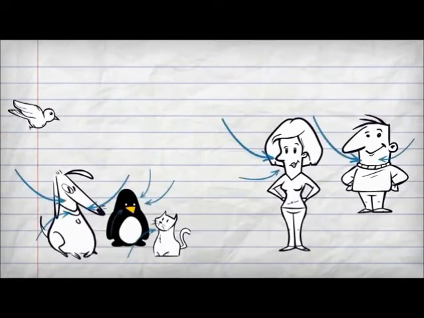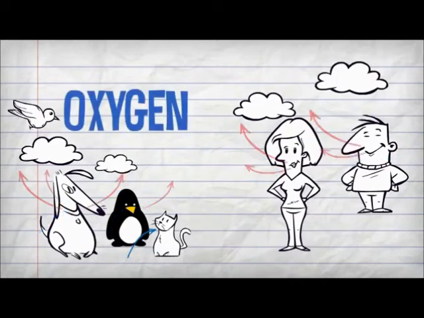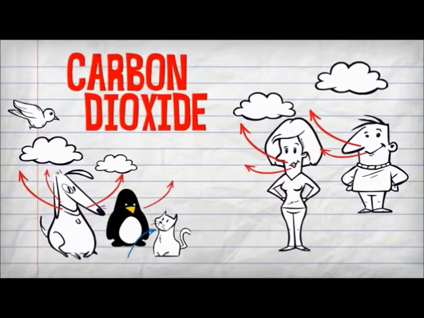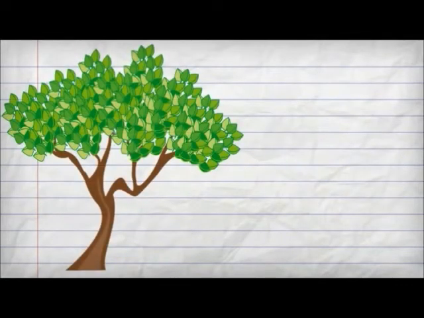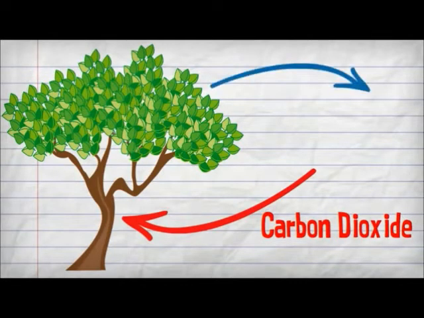When humans and animals breathe, we inhale a bunch of different gases from the air, but the most important one is called oxygen. When we exhale, carbon dioxide is what comes out. Plants breathe too, but they do the opposite of humans and animals. When they inhale, they breathe in carbon dioxide and exhale oxygen.